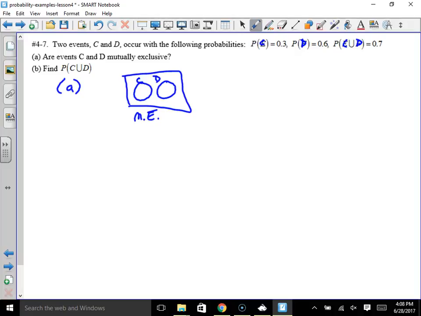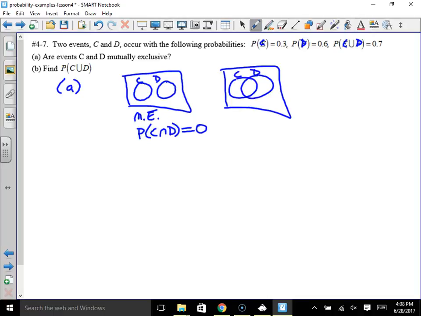That means there's no overlap at all. And if that's true, then the probability of C and D would have to be equal to 0, because there's no way that C and D occur together. If they do overlap, then they're not mutually exclusive, and that means the probability of C and D is something other than 0.